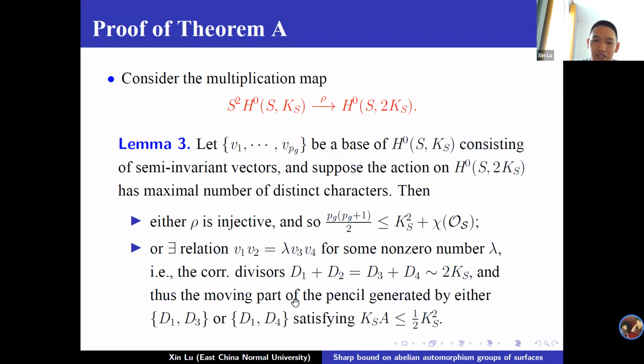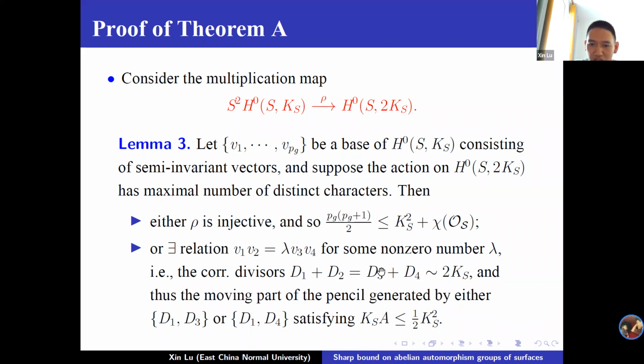And then we take the moving part of the pencil generated by either D1, D3 or D1, D4. Then this pencil should satisfy this equality, because it is the equality for two divisors. So either half of D1 is contained in D3, or half of D1 is contained in D4.